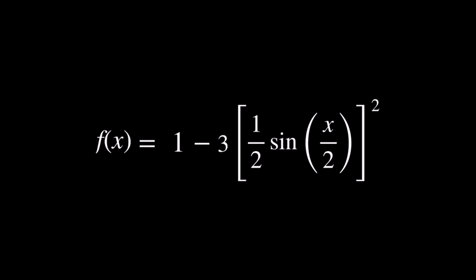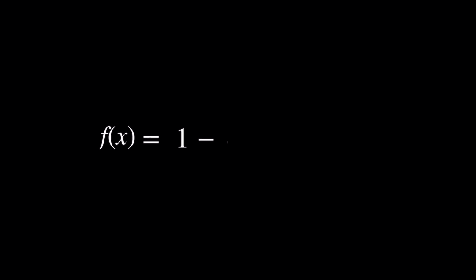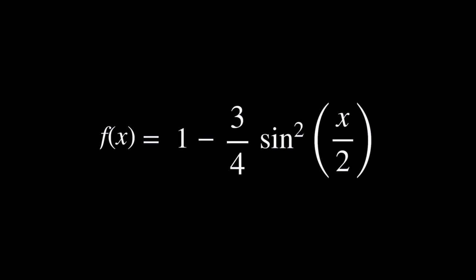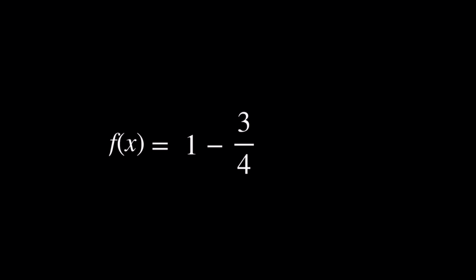Now we're going to square everything. Squaring 1/2 we get 1/4, and squaring sine we get sine squared. So we get 1 minus 3/4 of sine squared of x over 2. Now we use the half angle identity for sine, and we get that this is equal to 1 minus 3/4 of 1 minus cosine of x over 2.